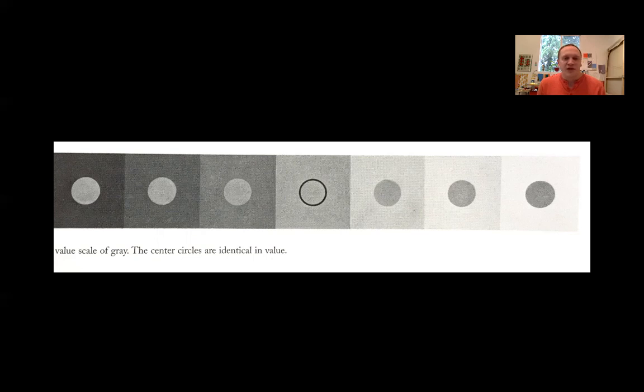If we take that same neutral gray and put it on the white side of the value scale, we can see that that circle looks very dark. So grays are always relative to the brightness, the value of their surrounding colors and values.